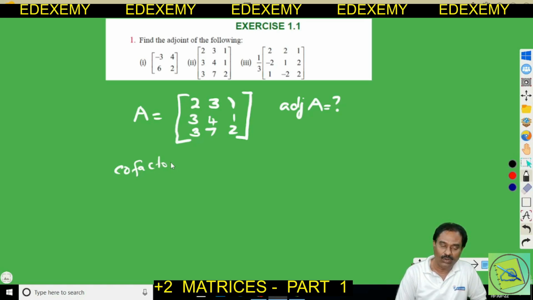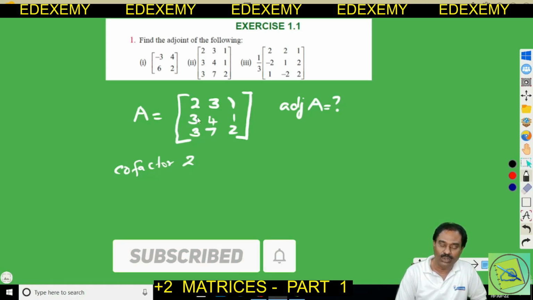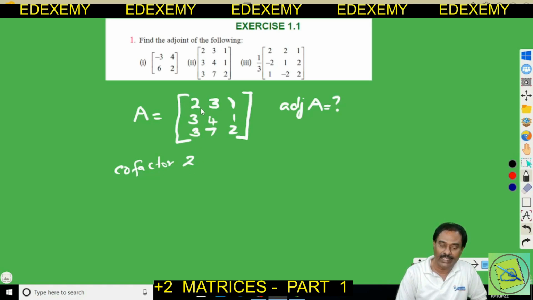So to find the cofactor, first you have to assign the positive or negative sign. The formula is minus 1 to the power of the row plus the column. This is 1 plus 1, therefore it is 2. If this is an even number, then the value is positive. If this is an odd number, the value is negative. Here it is positive, therefore put a positive sign here.